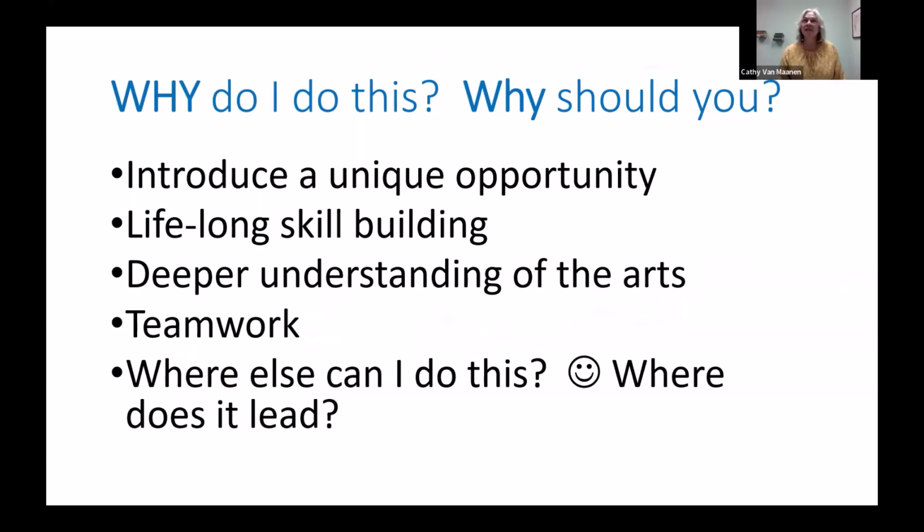Well, I do it because I have a passion for children's theater. I really believe in it. It's a huge part of my background in education. So it's very fun for me. But I think it does, again, introduce a unique opportunity to the kids. I truly believe this is lifelong skill building. If you talk to so many adults, I think the statistics say 75% of adults are afraid of public speaking.